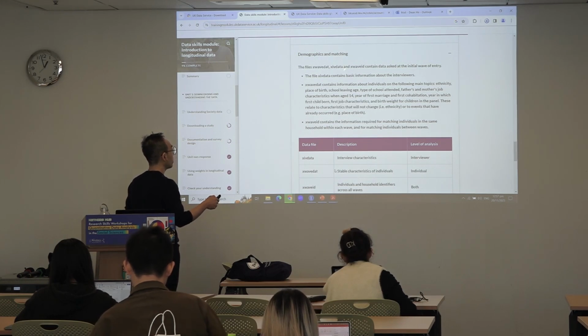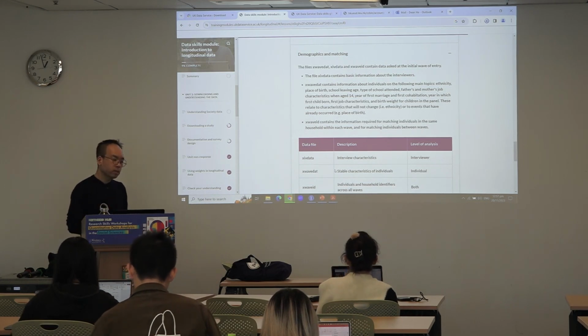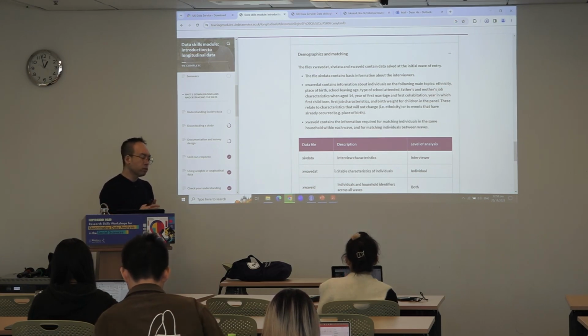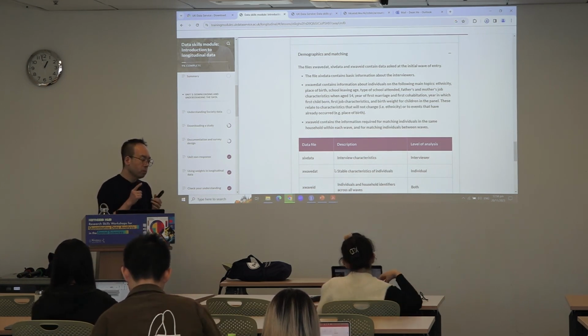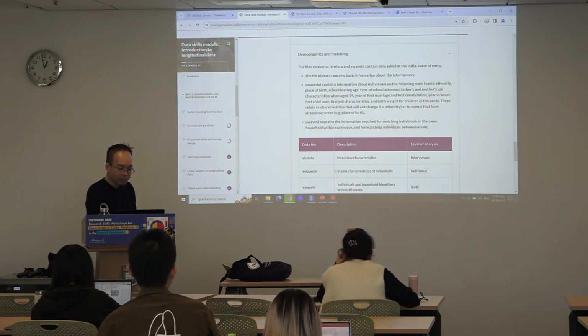This file, the second one, for example, contains basic information about the interviewers. We could assume those are either their personal identification IDs or IDs you give them, or demographic information about them: age, religion, race, employment situation, etc. For example, here: ethnicity, place of birth, school leaving age, type of school attended, father's and mother's job characteristics when at age 14, year of marriage, and first cohabitation.